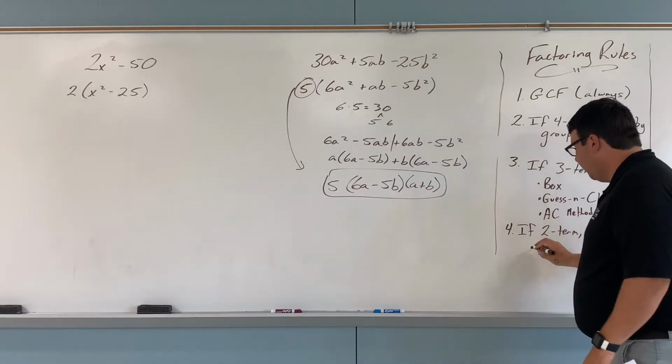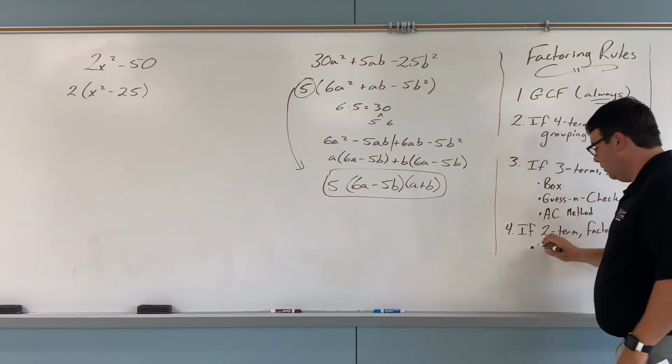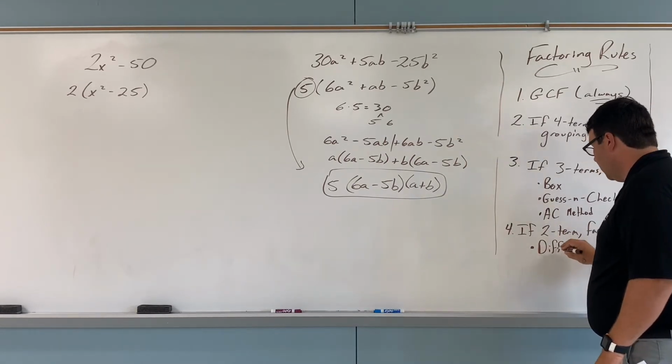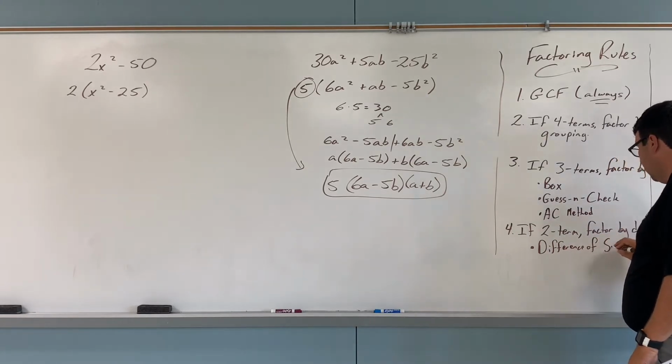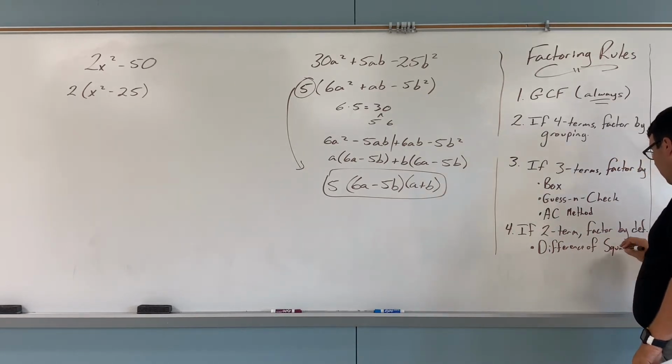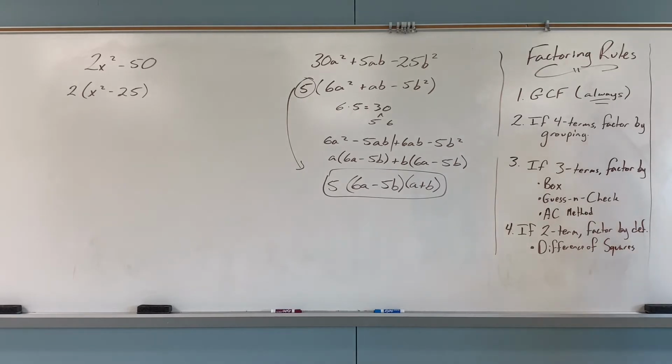And you have a couple definitions. The first one is the difference of squares. Yes, I told you this would come back to haunt you once you learned it, and here it is.